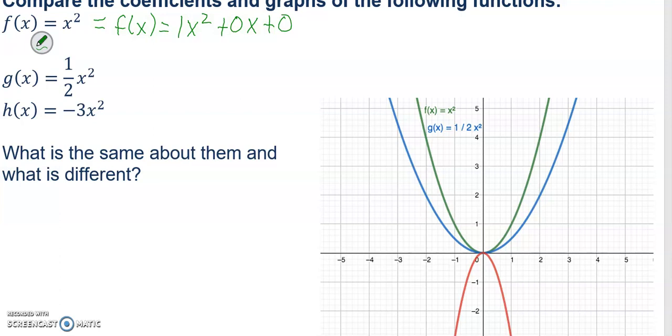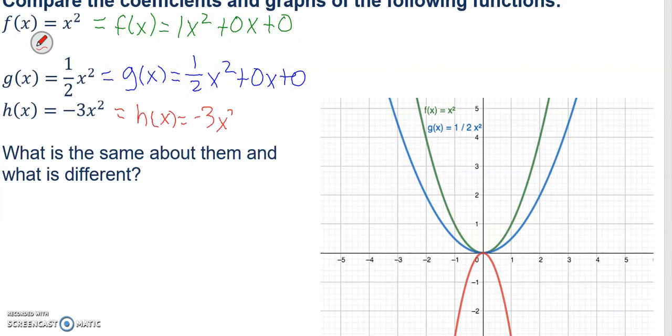Our g of x graph is blue, so g of x equals 1/2 x squared plus 0x plus 0. And our h of x graph is in red, so h of x equals negative 3x squared plus 0x plus 0.